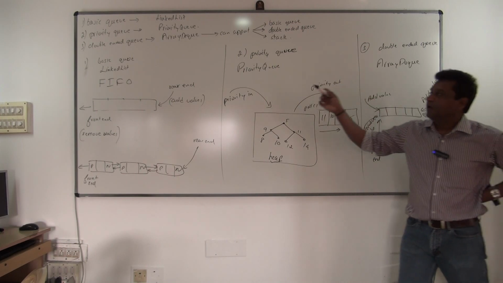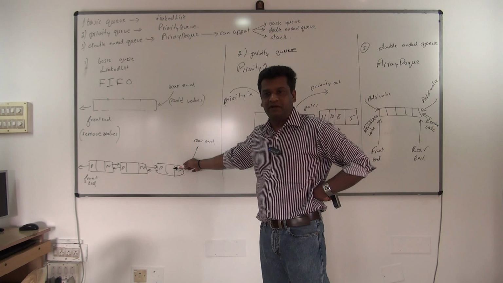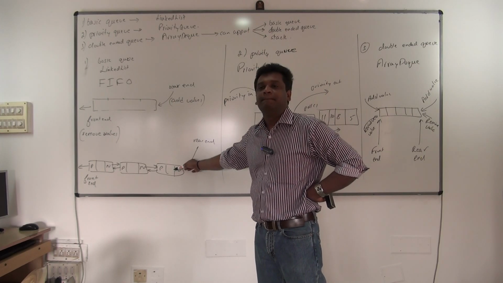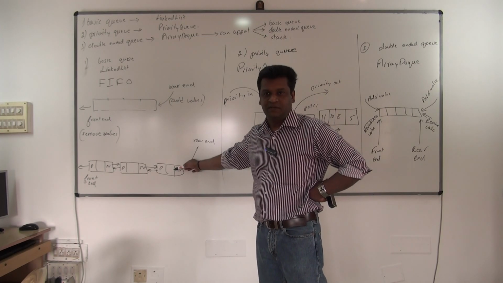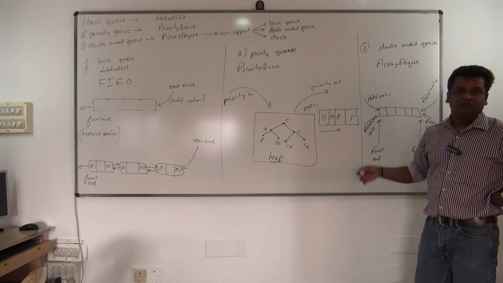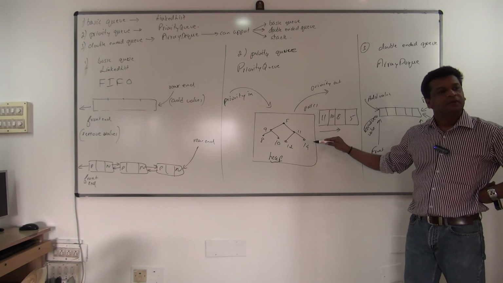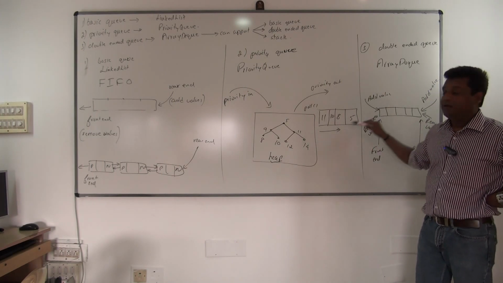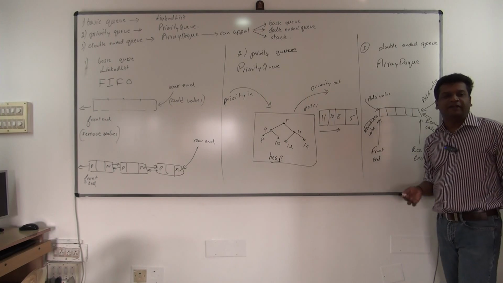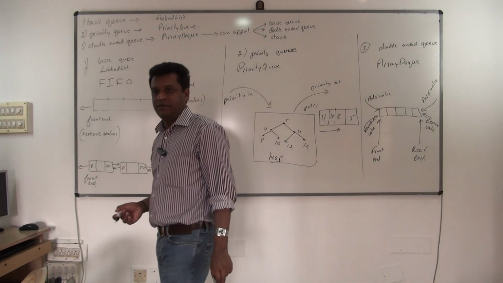Okay, like see, for basic queue we are using which one? Linked list. They know that linked list will give you a good support for basic queue, efficiency wise. Similarly, Java people are doing R&D for that. For implementing priority queue, they know that if you use heap data structure, it gives you better efficiency. Same way, for implementing double-ended queue, they thought that array structure is better for better efficiency.